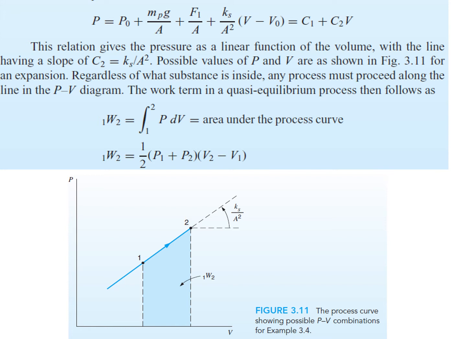There are only two variables: the volume of the cylinder, which varies, and the pressure inside the piston cylinder assembly. So we can see that the pressure inside the cylinder is linearly related to the volume. C1 and C2 are constants.